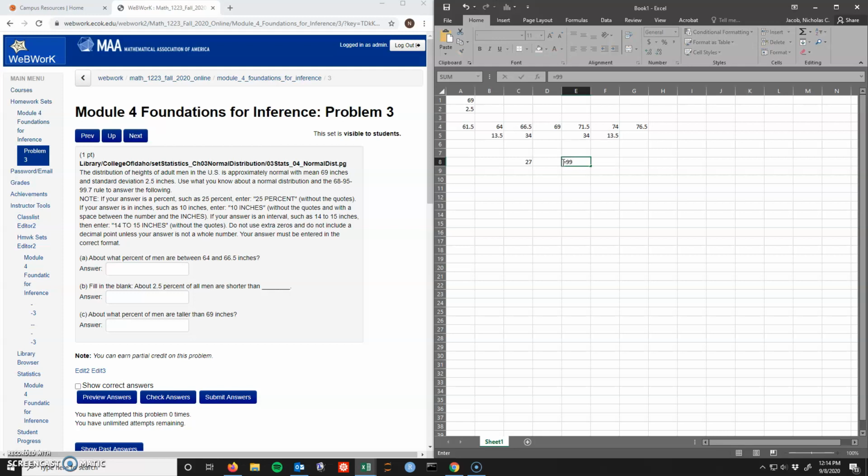So I have left 99.7 minus 95, which is 4.7% of the probability to place, and I want to place half of that on either side. So I'm going to do 4.7 divided by 2. It's got to be symmetric, so this would also equal 4.7 divided by 2.